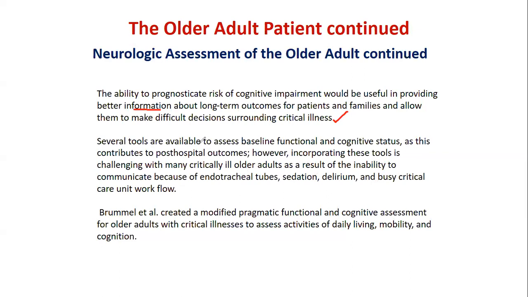So cognitive assessment for older adults with critical illness should assess the activities of daily living, mobility so that we can prevent falls, and also cognition, because impairment of intelligence is very common.